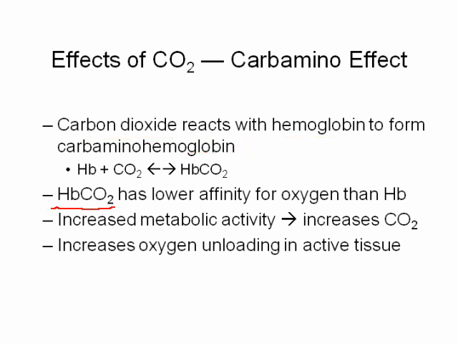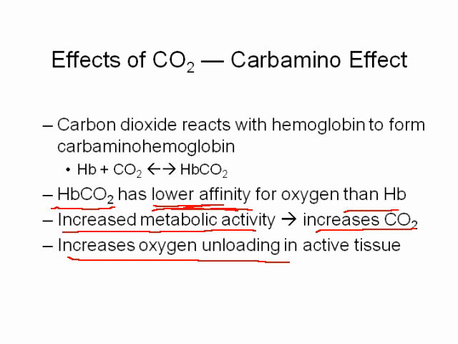But carbamino hemoglobin has a lower affinity for oxygen than hemoglobin itself. And of course, increased metabolic activity increases the amount of CO2 being produced, which, because it lowers the affinity of hemoglobin for oxygen, is going to increase the oxygen unloading in the active tissue. So all of these factors we've talked about in the last few slides are chemical means of increasing the oxygen delivery to the tissue that needs it most.